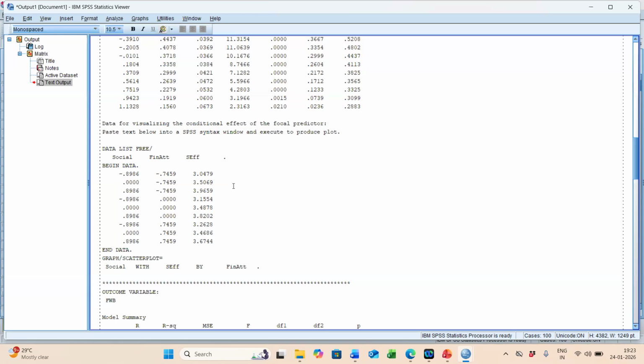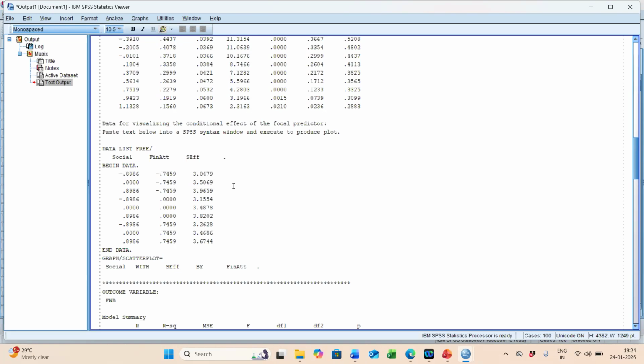You copy the diagram and paste it in a Word file, and then draw the diagram, so you will get the slope. If you are drawing a diagram with this information, you know that at all levels the effect is significant, but at the lower level the effect is more.